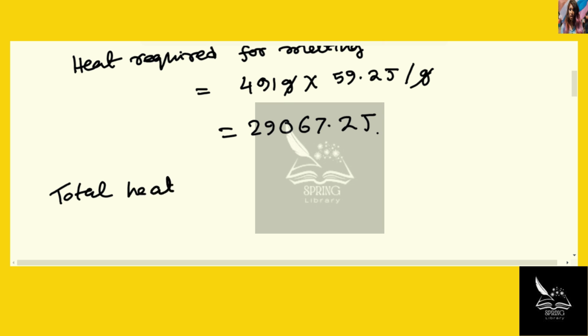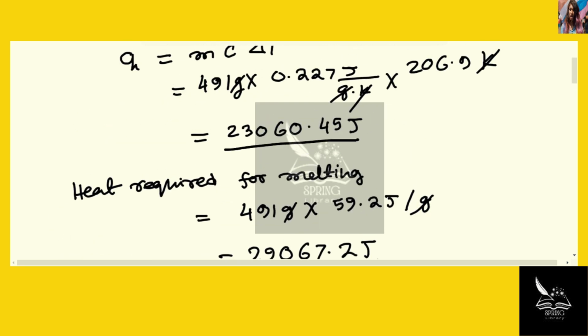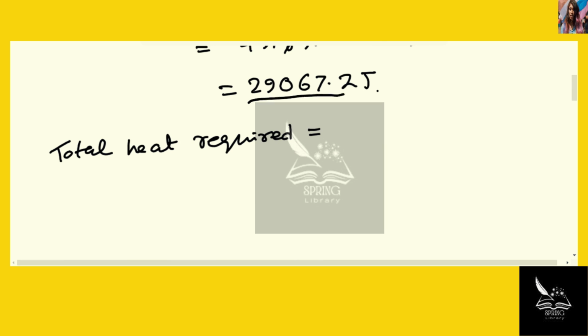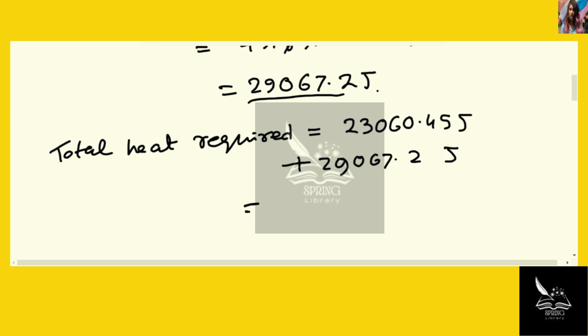So the total heat or energy required for raising the temperature from 25 degrees centigrade to 231.9 degrees centigrade and melting the tin at that temperature: we have to add 23060.45 joule and 29067.2 joule, and if we add, we get 52127.65 joule.